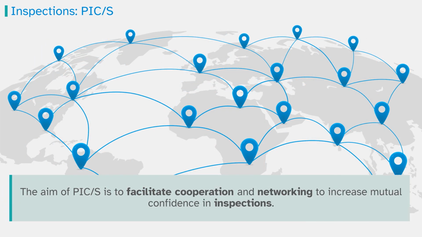The aim of PIC/S is to facilitate cooperation and networking among competent authorities and regional and international organisations to increase mutual confidence in inspections. PIC/S has issued guidance on inspection reliance, outlining a process for desktop assessment of compliance with good manufacturing practices.